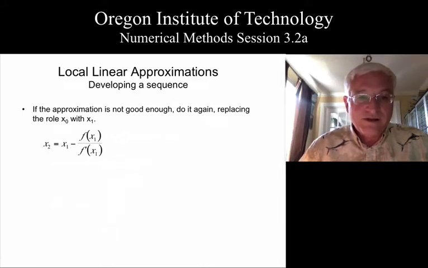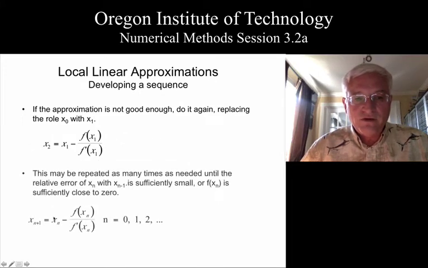Well, if we did it once, why couldn't we create an x3? If x2 is even closer to the root than x1 is, let's plug x2 everywhere we see an x1 and continue doing that until we realize we have an iterative formula that should converge rapidly into the root. So this is the way we express the Newton-Raphson algorithm for one variable, and we have a number of iterations that we indicate through n.